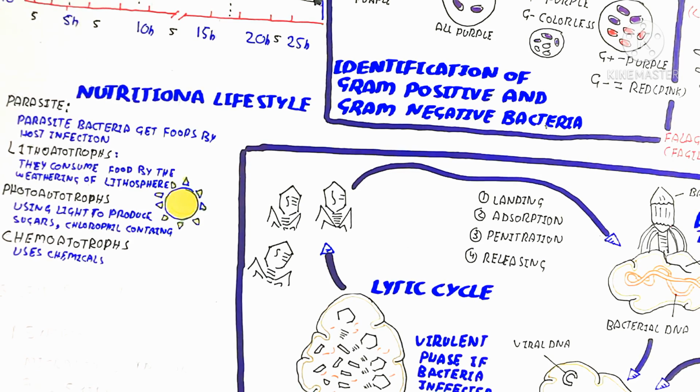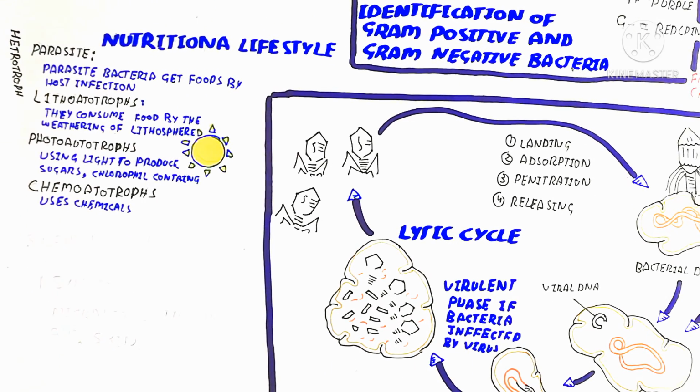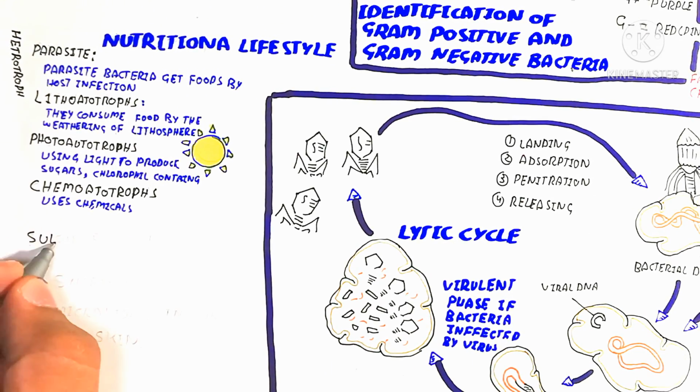These bacteria produce glucose within their own cells using light, water and carbon dioxide.